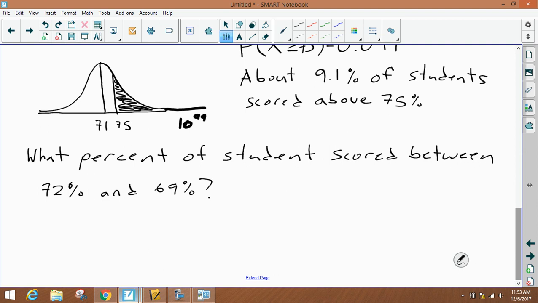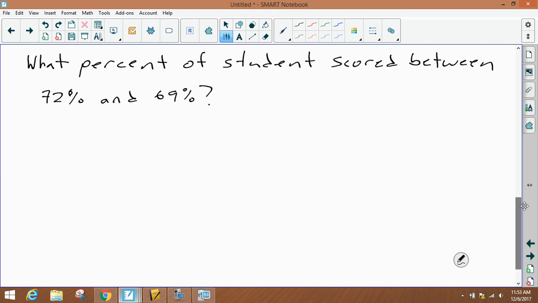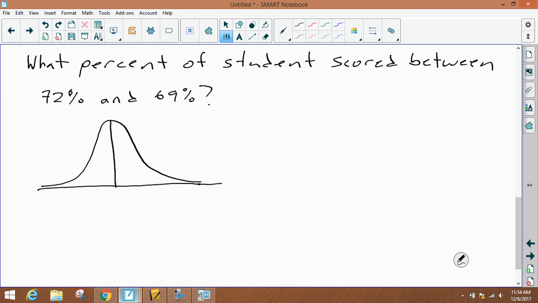Again, the first thing I should do, we've already identified x, our x value, our mean, and our standard deviation. So the next thing that we need to do is we need to draw a picture of it. It really helps when you draw a picture of it. And most questions that'll ask you to use normal distribution to calculate a proportion or a probability, they're also going to require this picture.